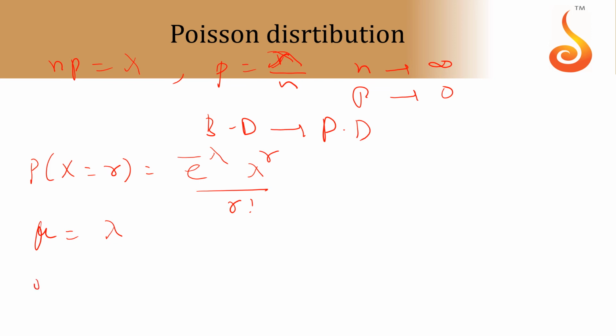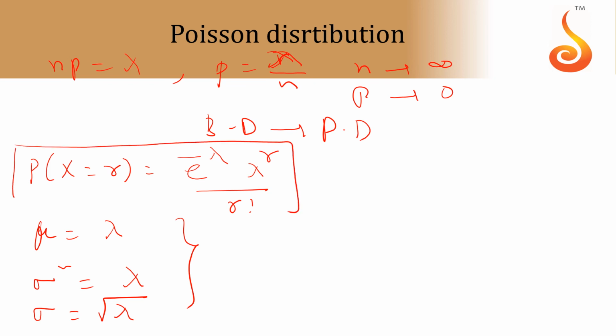And the important thing is the variance is also lambda, because for npq, as q tends to 1, npq tends to np, so variance is lambda. Standard deviation is root over lambda. So these are the mean, variance and standard deviation of Poisson distribution, and this is the formula to calculate the corresponding probabilities. Please remember the formula e to the power of minus lambda, lambda power r by r factorial.